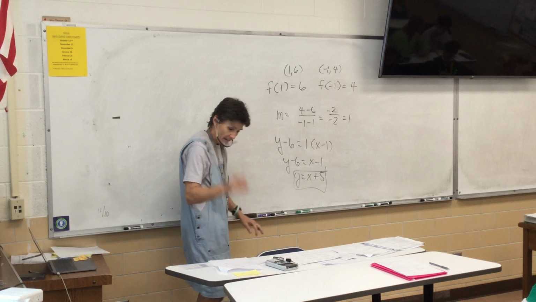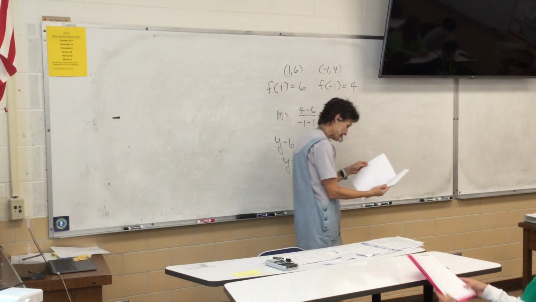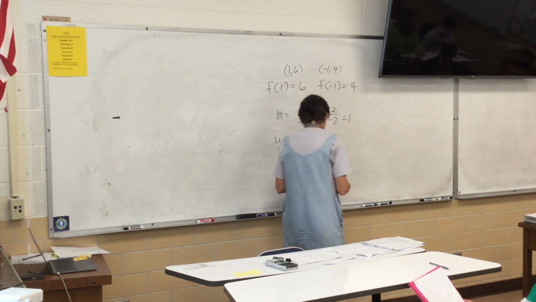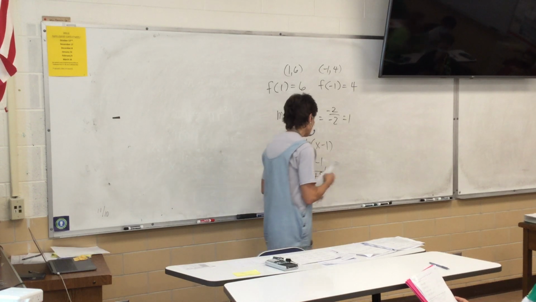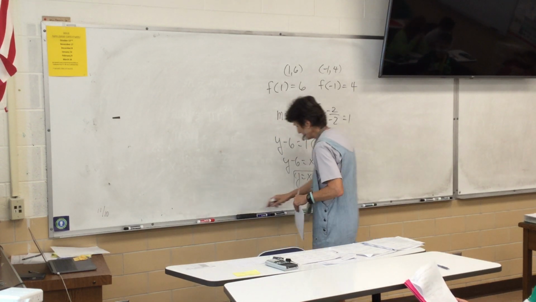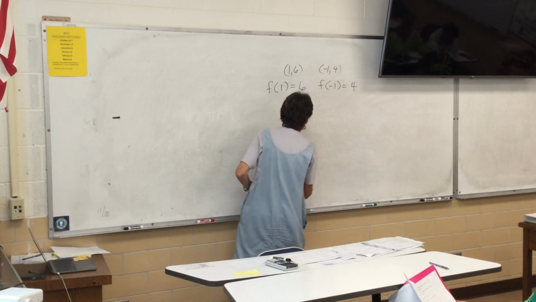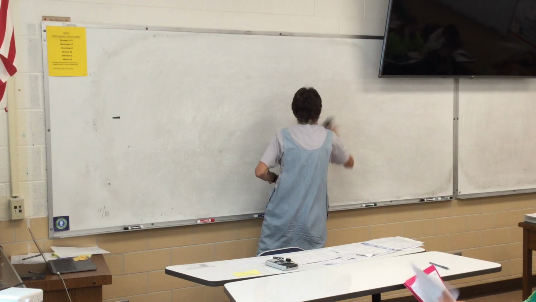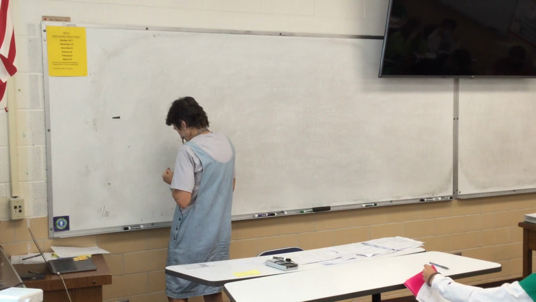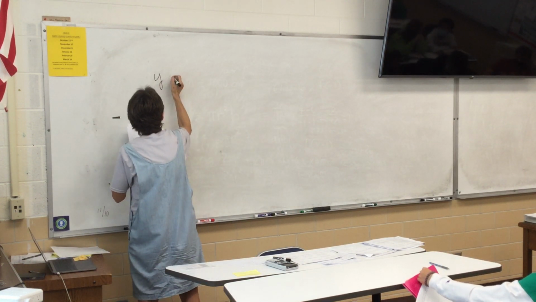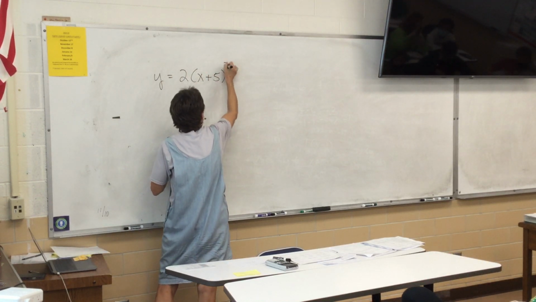All right, now let's get our notes out. We have to continue our conversation from yesterday. Yesterday, we were looking at parabolas, and they were in what's called vertex form. So remember, vertex form means that your equation looks something like this.